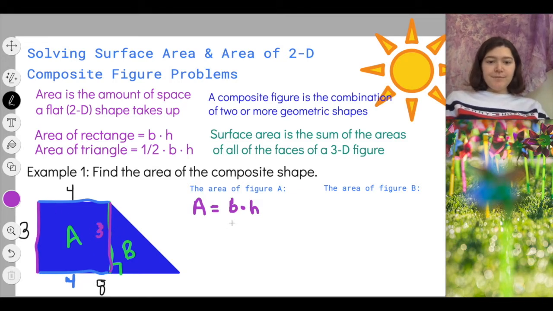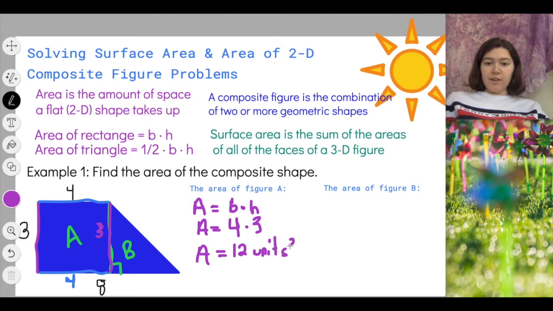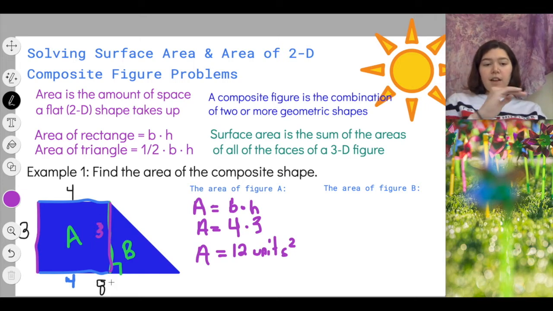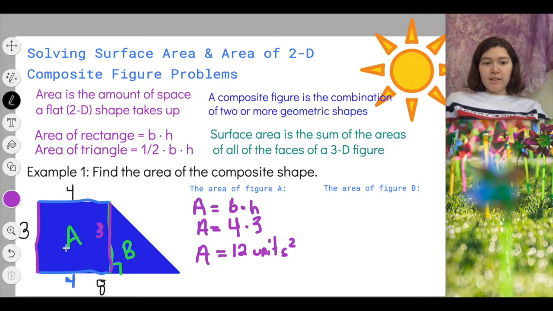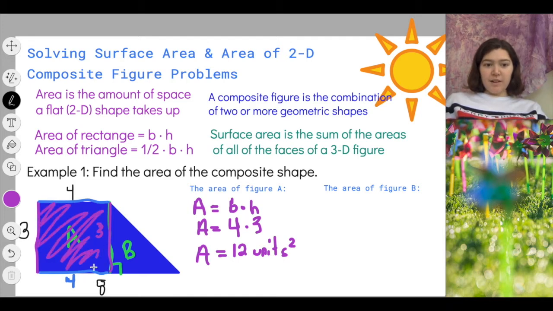I said my base was 4, my height was 3, so my area is going to be what I get when I multiply 4 times 3. What is 4 times 3? 12, and that's going to be 12 units squared, because when I find area, that's 2-dimensional. I have 3 units vertically and 4 units horizontally, so I'm getting this amount of space in A. All of this is my area. Okay, so that is going to be equal to 12 units squared.